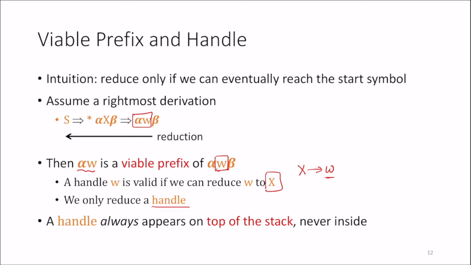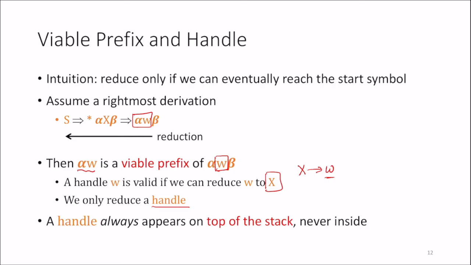So notice that crucially, a viable prefix is not every possible place you could do a reduce. It's a valid place where you can do a reduce. And we'll see how we can determine the valid from the invalid when we look at the parsing algorithm.